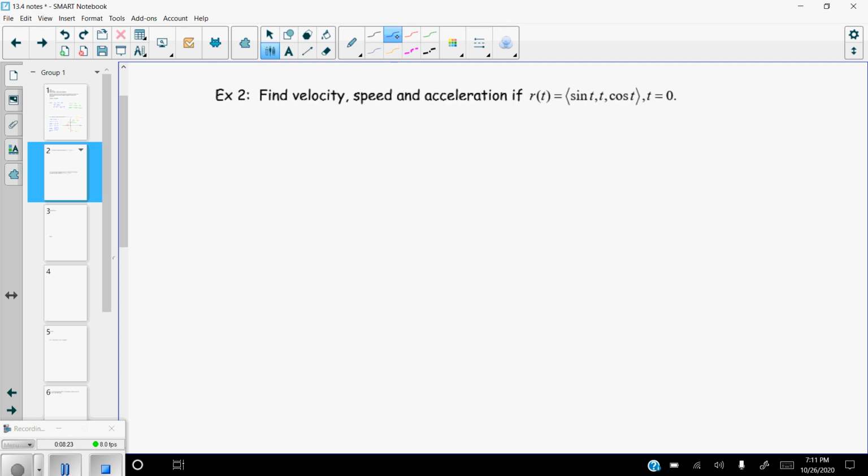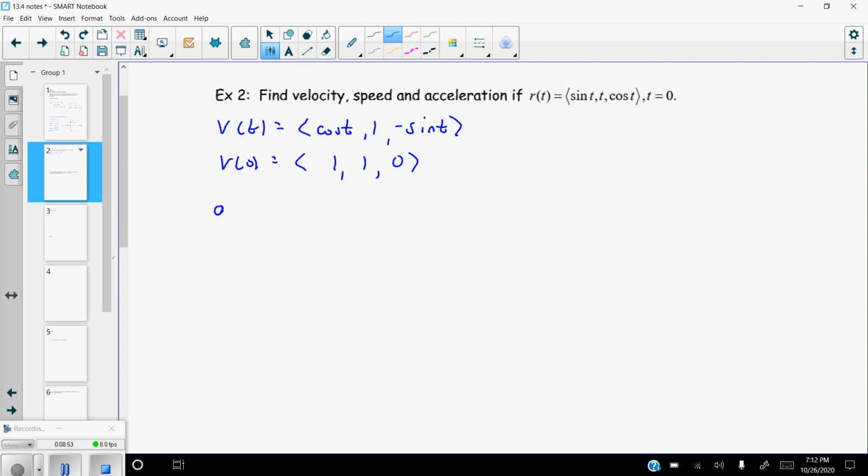So let's start off by finding the velocity, which is cosine t, 1, negative sine t. We want to do this when t equals 0, so cosine of 0 is 1, sine of 0 is 0. So we get 1, 1, 0 for our velocity at 0.